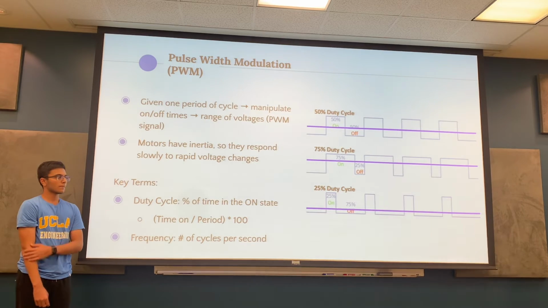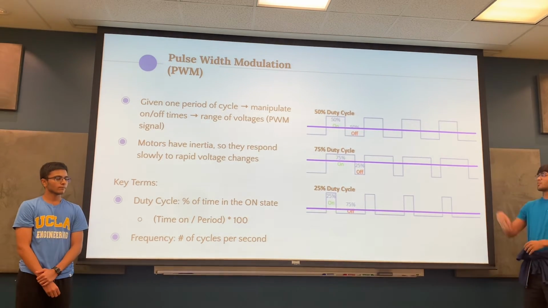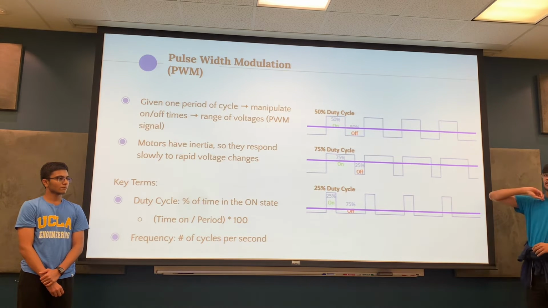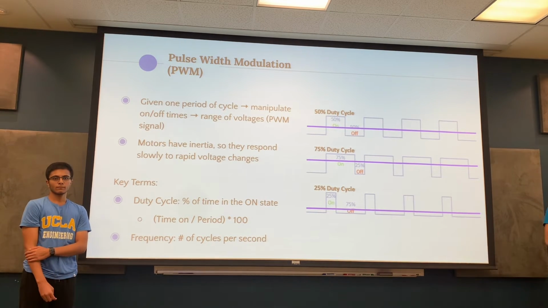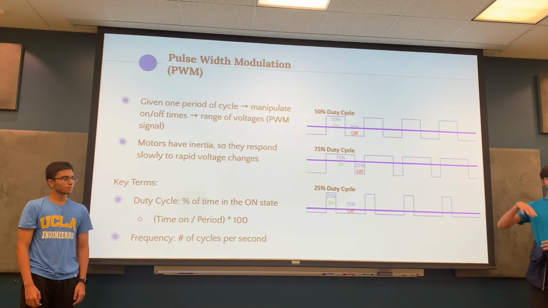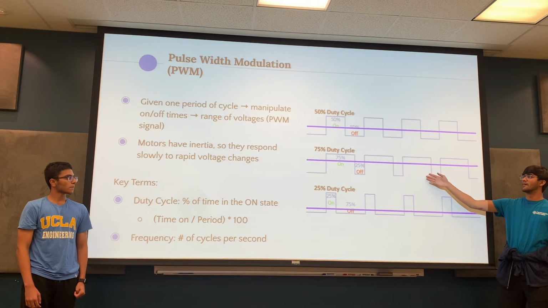It's kind of an inaccurate way of thinking of this, but it might help you understand why we do all this on and off. If the output that we can normally provide is only 5 volts, and off is of course 0 volts, but you want something in between, you can have a duty cycle of 75%.